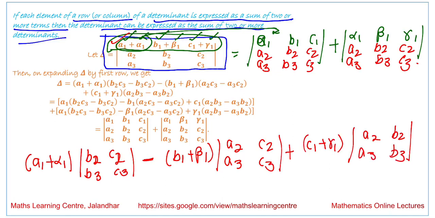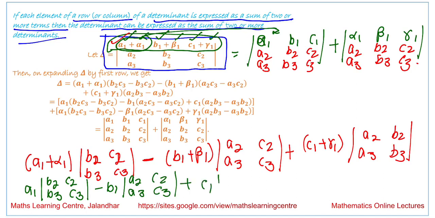Now if we multiply these terms, we get A1 into determinant of B2 C2, B3 C3, minus B1 into determinant of A2 C2, A3 C3, plus C1 into determinant of A2 B2, A3 B3.